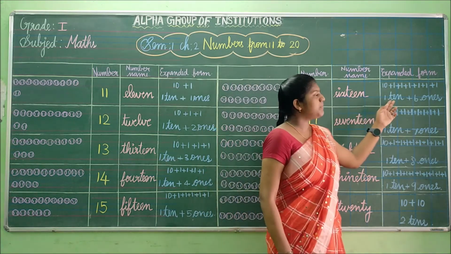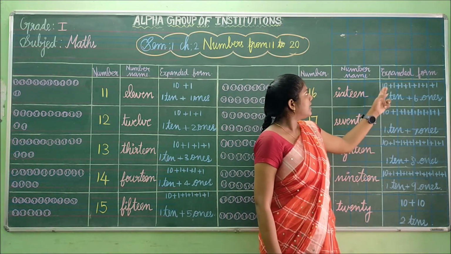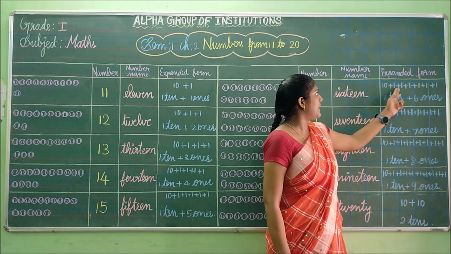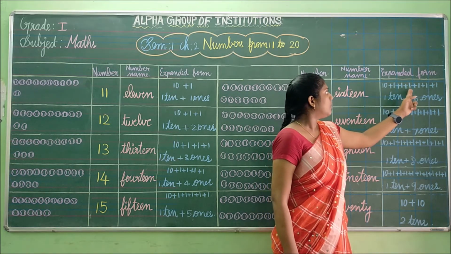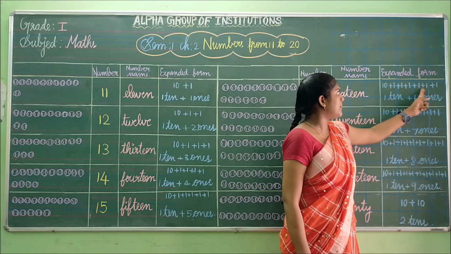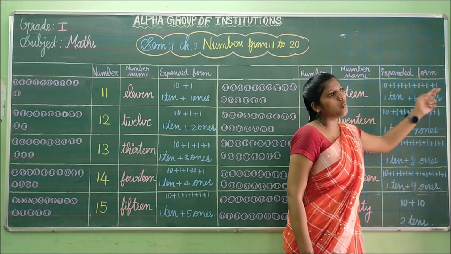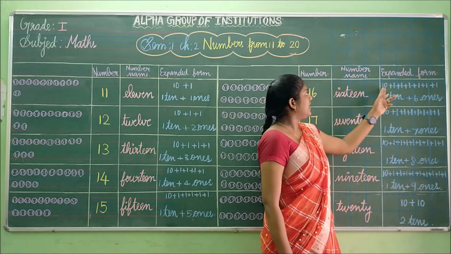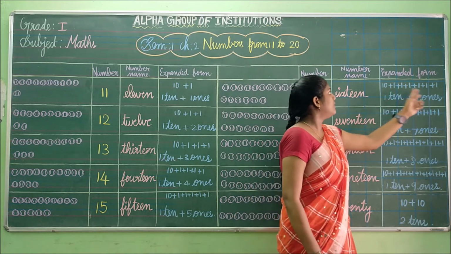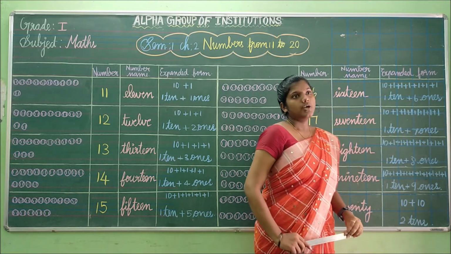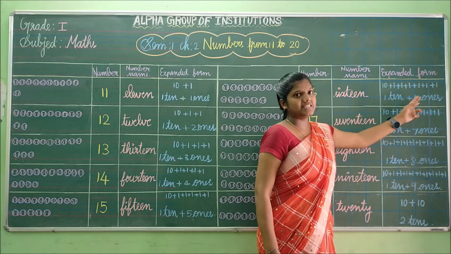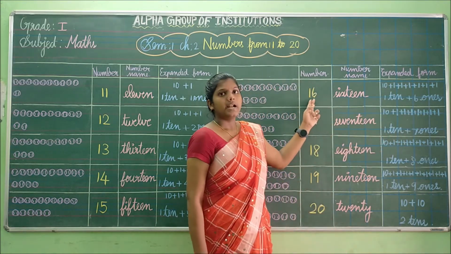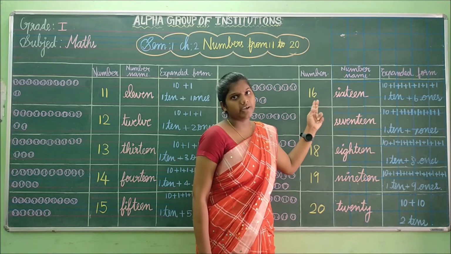Shall we see its expanded form? See here, 10 plus 1 plus 1 plus 1 plus 1 plus 1 plus 1. So here we have 1 ten and totally 6 ones. So 1 ten plus 6 ones is number 16. Okay, children?